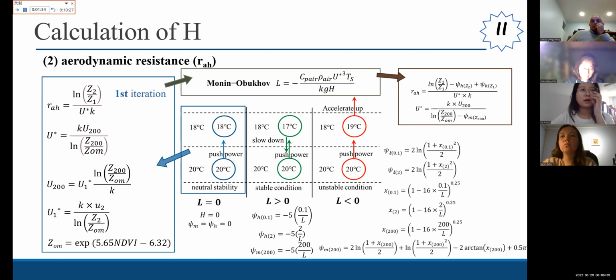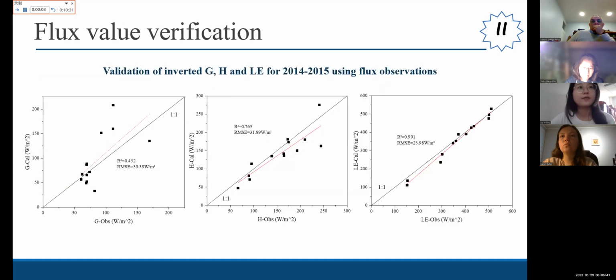Using the flux observation data to verify the inversion of G, H, and LE in 2014 to 2015, with the use of the model, the consistency of the verification result is high.